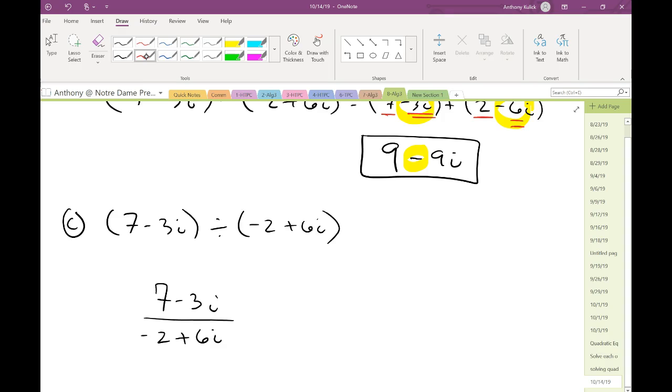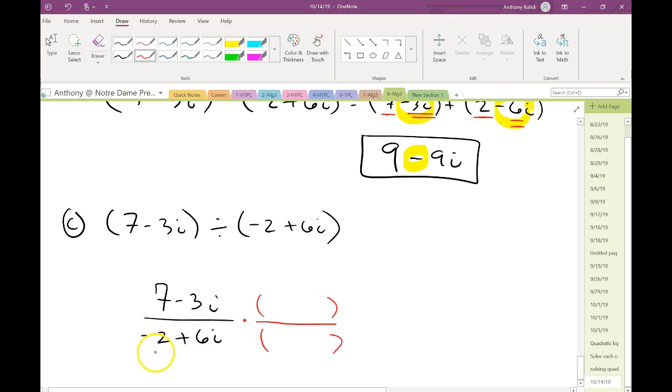And the issue here is that I have an i in the denominator of this fraction. If I can get rid of all the i's in the denominator, we're in good shape. So to get rid of the i's in the denominator, I'm going to multiply the numerator and denominator of this fraction by some complex number.